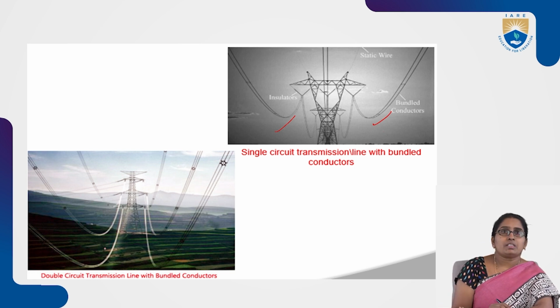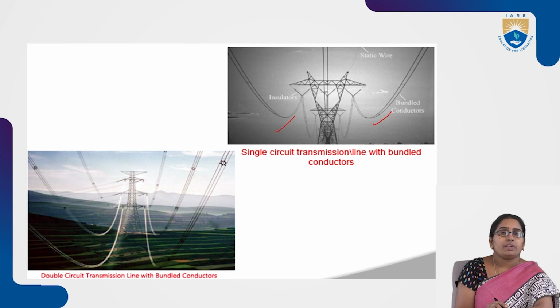Now coming to the other side, this is a three-phase line. There are three conductors, and each conductor is a bundled conductor. Specifically, this is a double circuit three-phase transmission line.